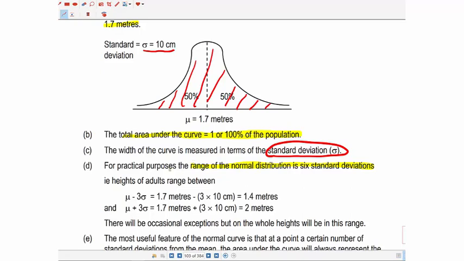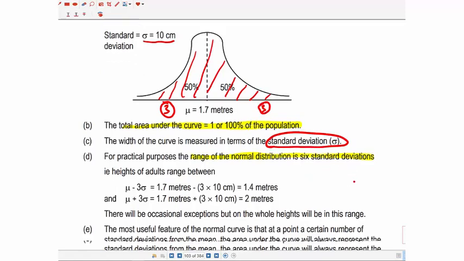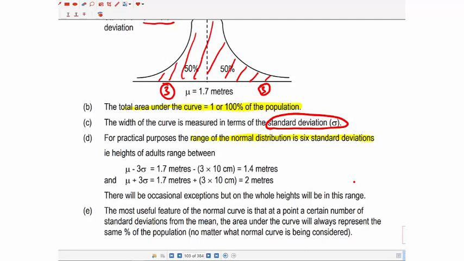So we're saying the range under the curve is 6 standard deviations. So that basically means that 3 standard deviations will sit below the mean and 3 standard deviations will sit above the mean. So let's use that to interpret the information.